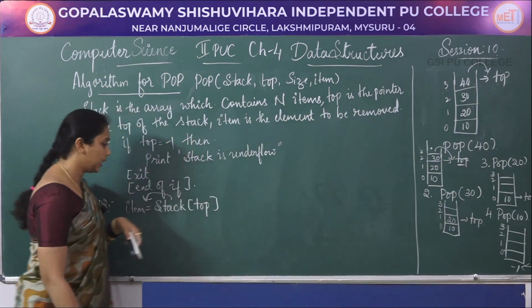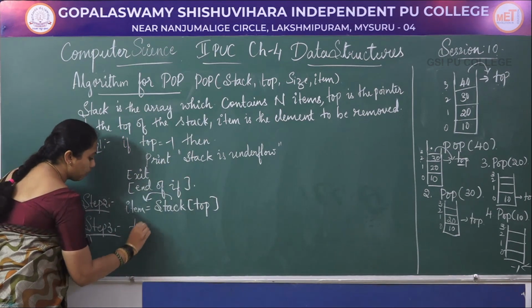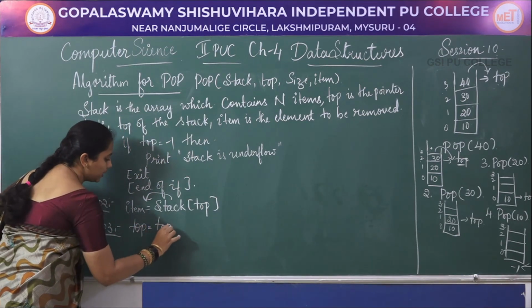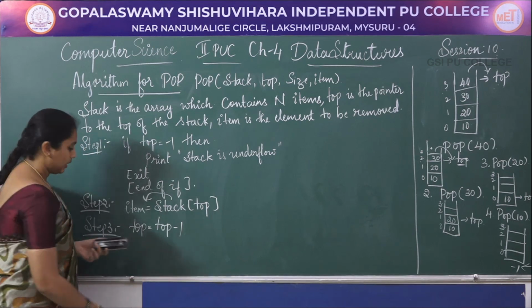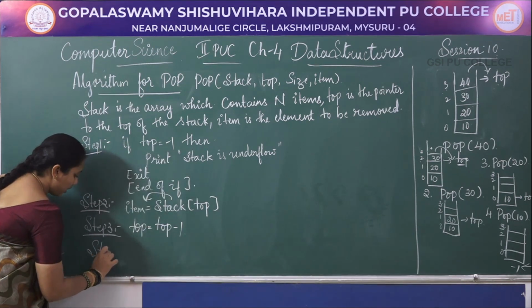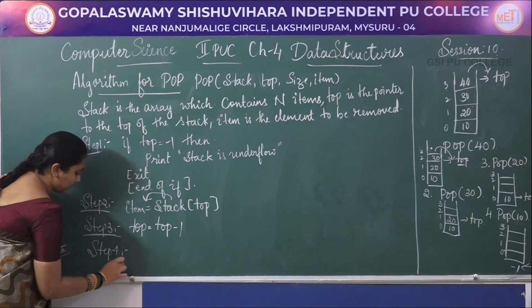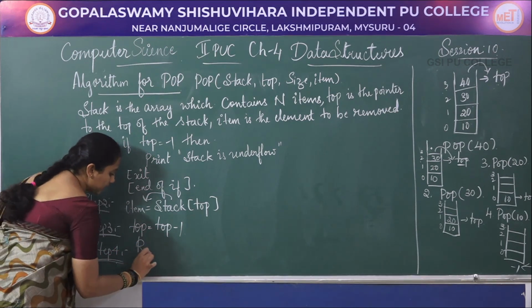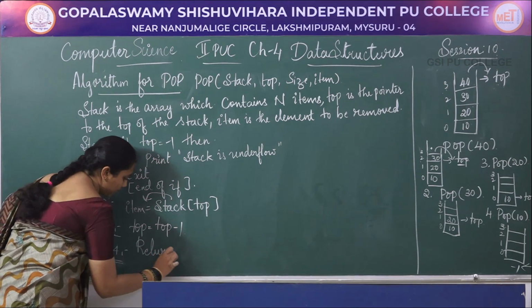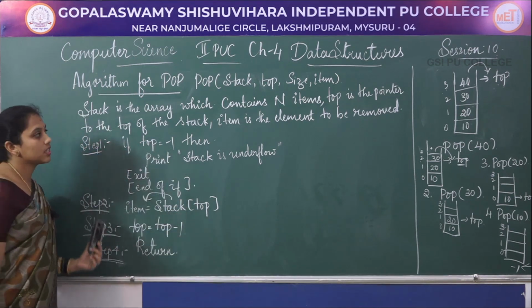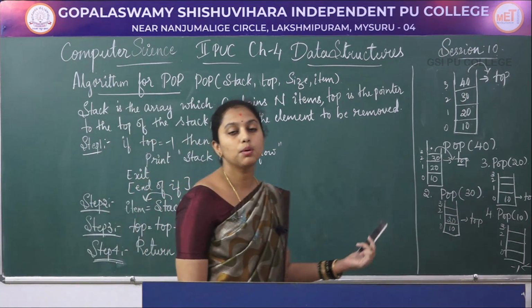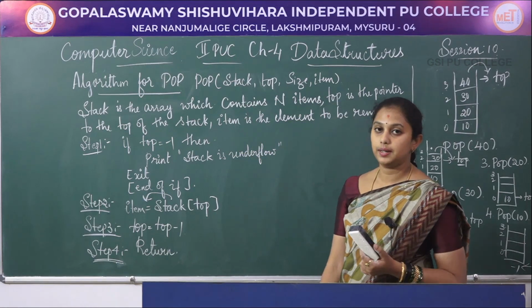Top gets decrement. So top is equal to top minus 1. So after removing the items from the stack, we are returning from the stack. So this is how we are performing pop operation.